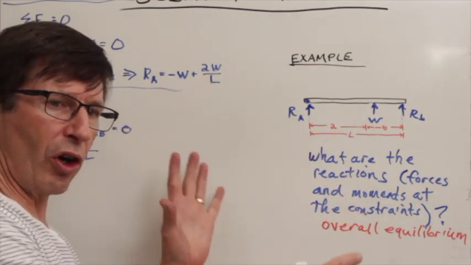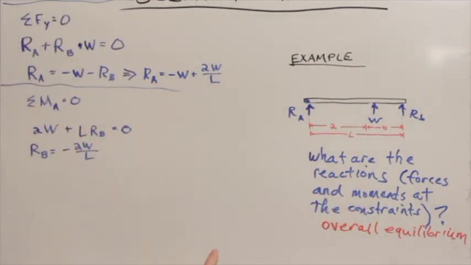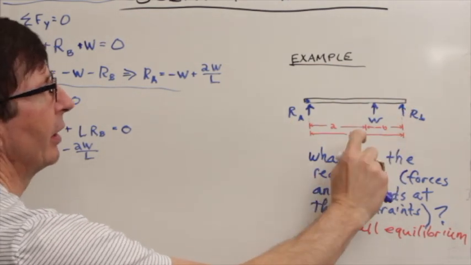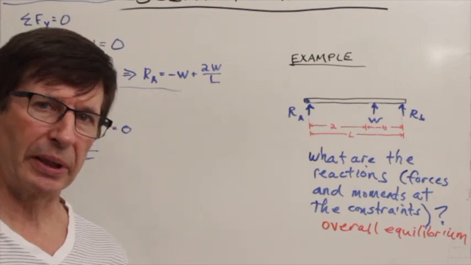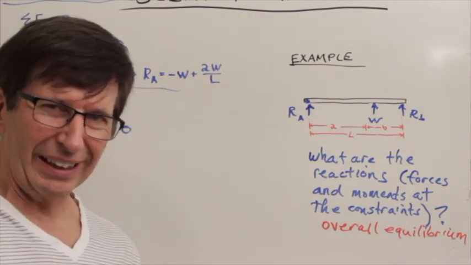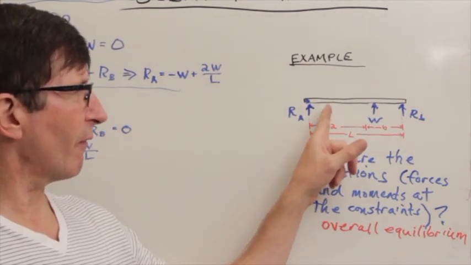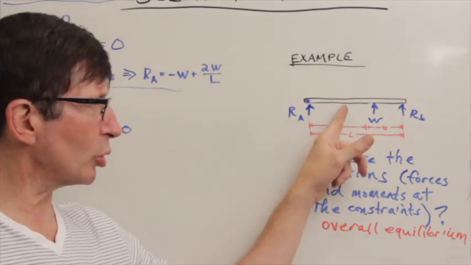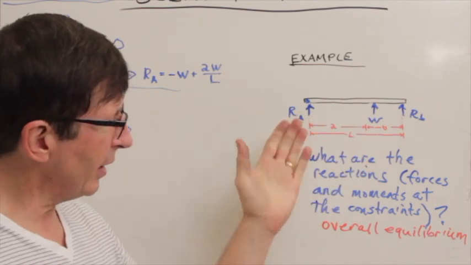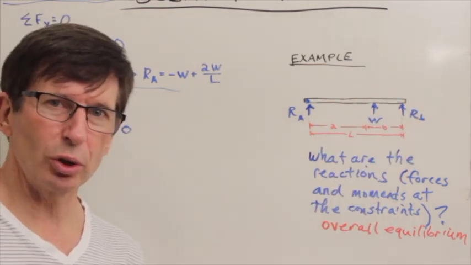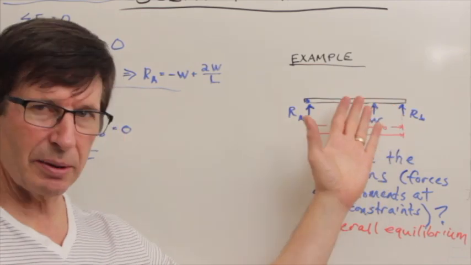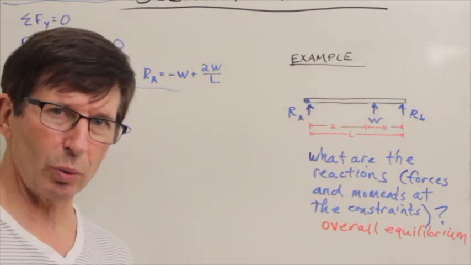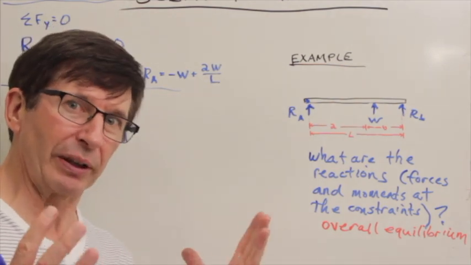So using overall equilibrium, we now have quantities for RA and RB, and W presumably is given, but that really doesn't tell us how much force and bending moment is having to be borne by this beam from one side to the other. Which part of this beam is most likely to fail if we were to load it this way? And that part we really need to get at.